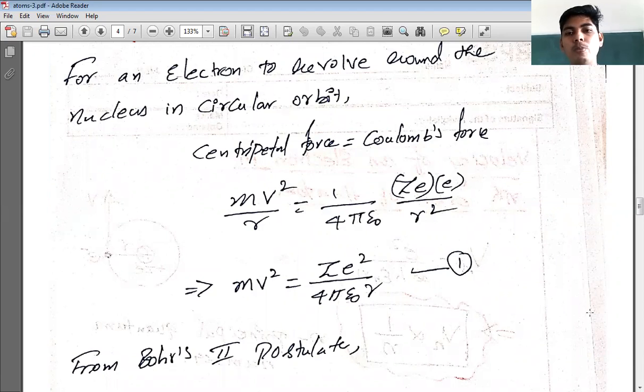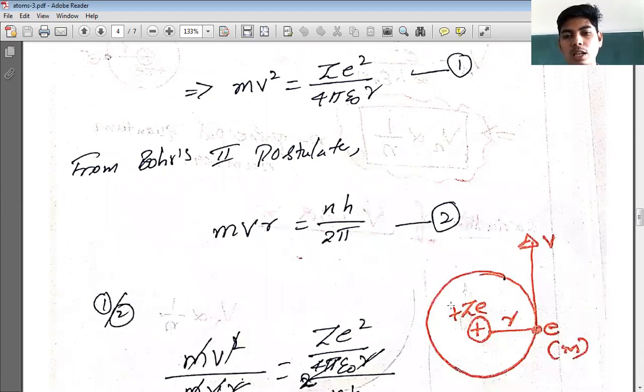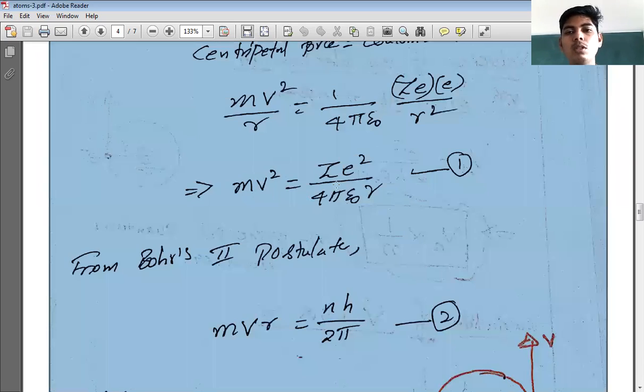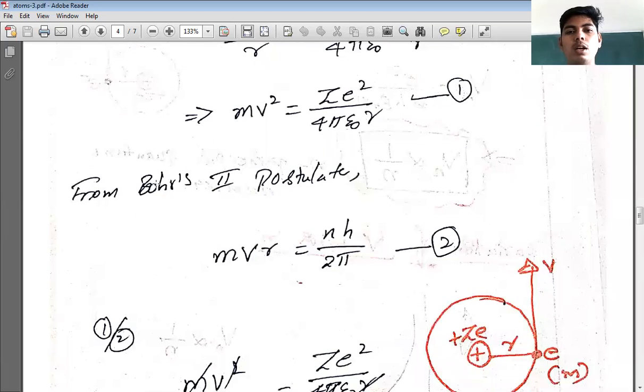Coulomb's force is 1 by 4 pi epsilon naught Q1 Q2 divided by r square, where in place of Q1 I write Ze, and in place of Q2 I write e. One r on the left cancels with one r on the right. So it will be left with mv square is equal to Ze square by 4 pi epsilon naught.